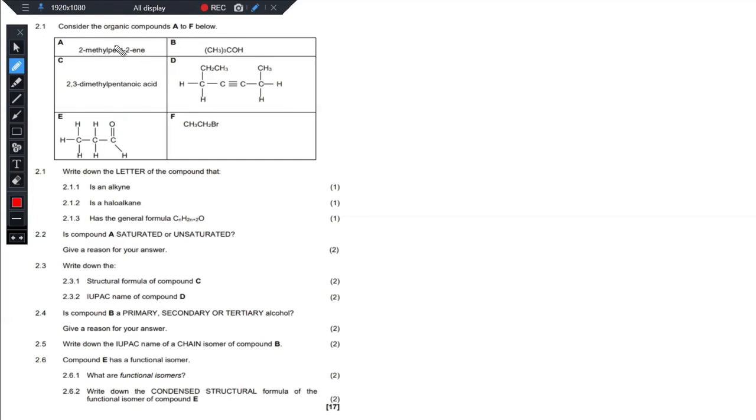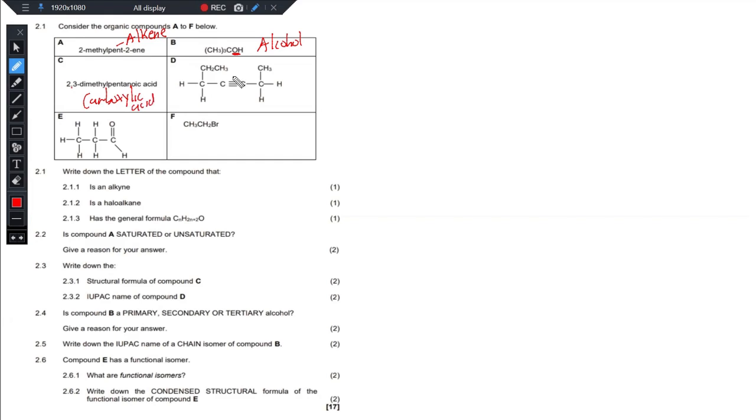So the first thing that we do is we try to identify the homologous series to which each of these organic compounds belong. So this belongs in the alkene homologous series because of the suffix "-ene", and this here, because of the OH, belongs in the alcohol homologous series. Then we have 2,3-dimethyl pentanoic acid, which should be a carboxylic acid.